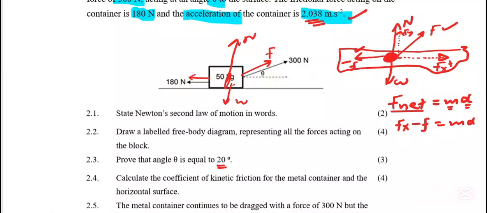So Fx is equal to F cos theta. You can try to derive the formula. F cos theta minus the friction is equal to ma. Now we are going to substitute everything, then we are left with one unknown, and the unknown will be angle theta.